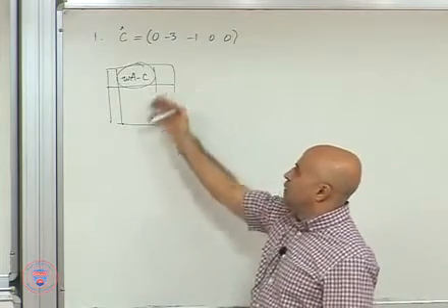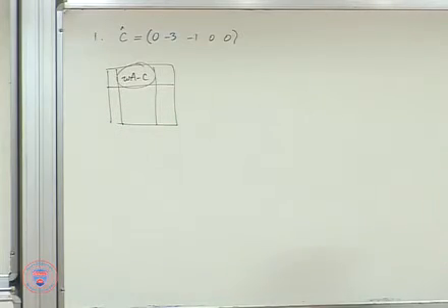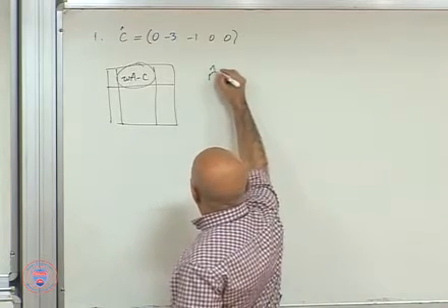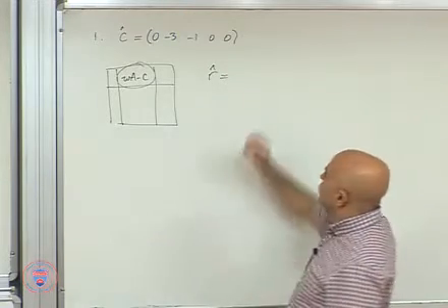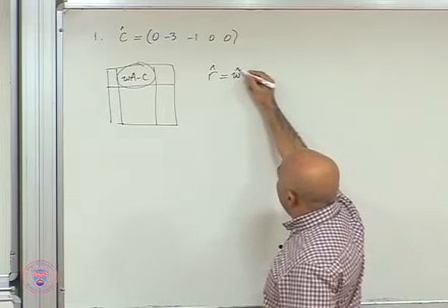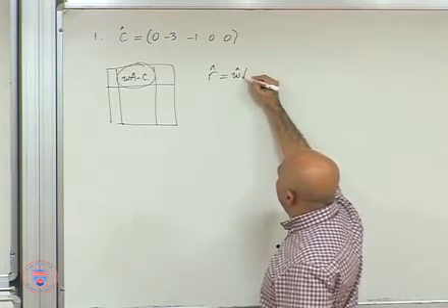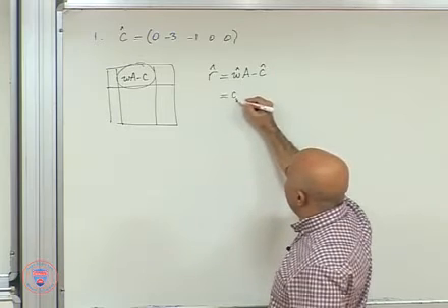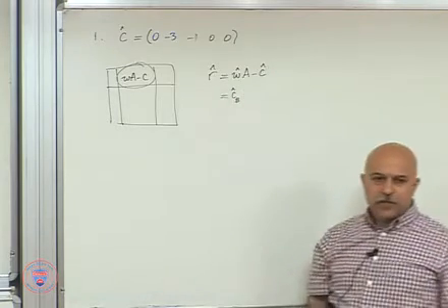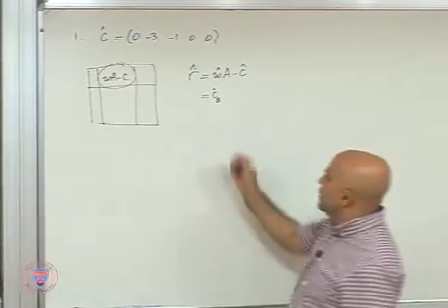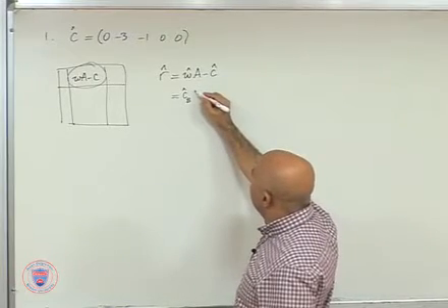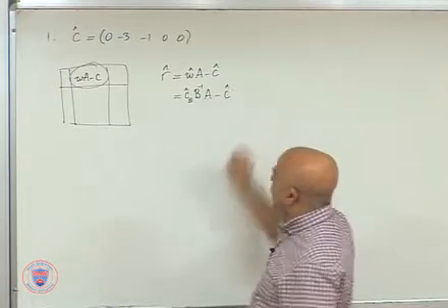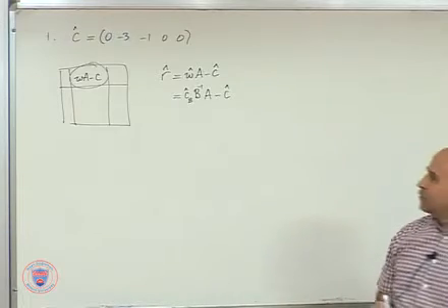The other parts of the tableau do not involve C. So for that reason, of course, you need to compute R cap, which is W cap A minus C cap. What is W cap? It's going to be CB cap, if there's a change in the CB portion of the C vector, times B inverse A minus C cap. This is how you handle this.